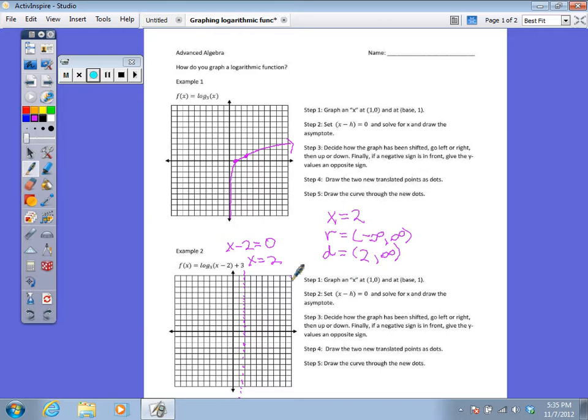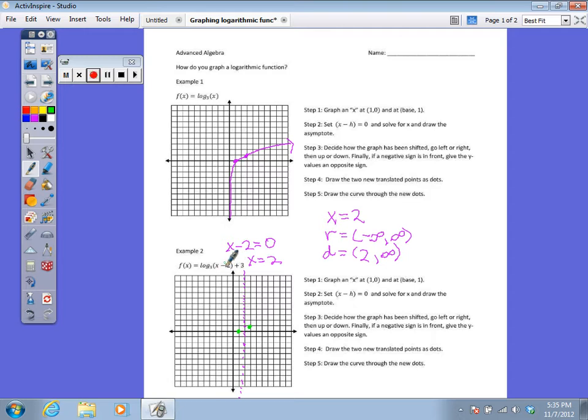I'm going to go ahead and put a temporary dot, I'll make that a green dot, right here, once again at (1, 0). And then the other point we're going to graph would be the base, which is still (3, 1). But we know that this can't be true because already our asymptote is x equals 2, and we see that already we're behind the asymptote.